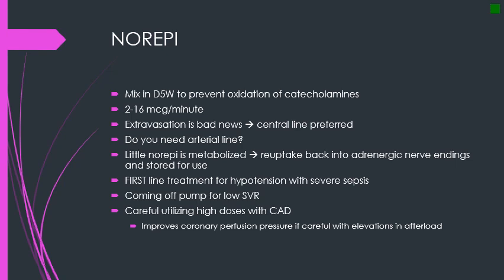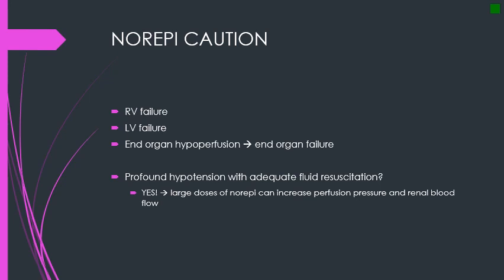You do have to be careful whenever you're using it for patients who have had bypass, because when you get into those high doses, you can compromise that coronary perfusion flow. You do have to be careful when you're utilizing norepinephrine in patients with heart failure, both right ventricular and left ventricular failure, because you get an increase in that SVR, but you also, remember, can have an increase in those PA pressures.